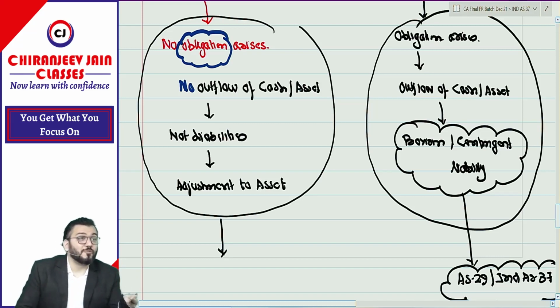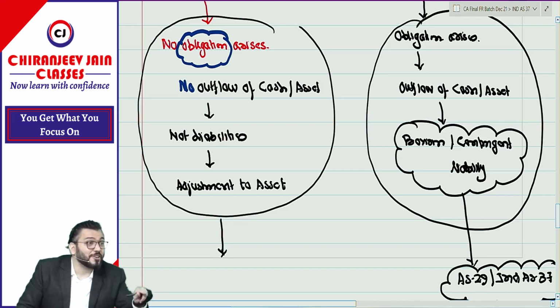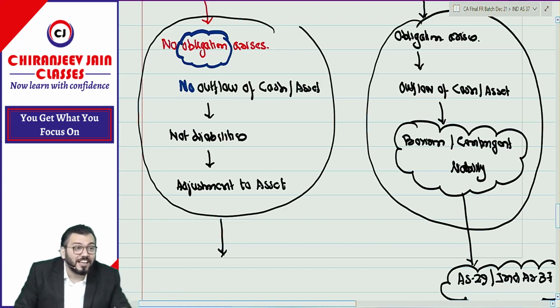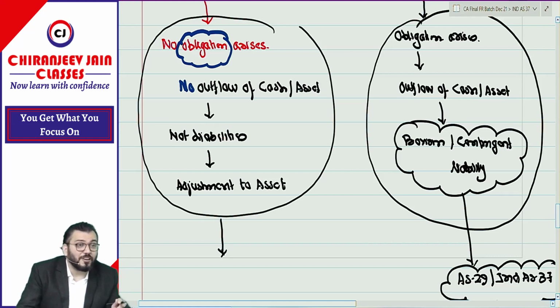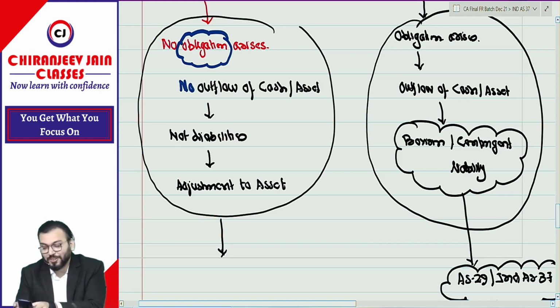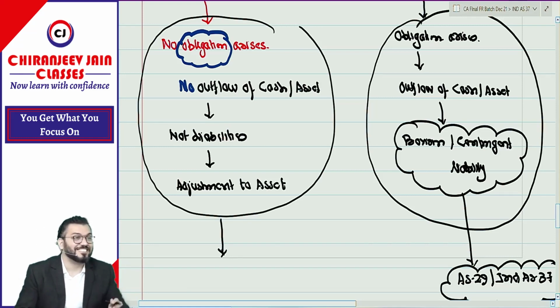Because provision is liability and provision for doubtful debt is not a liability. It means provision for doubtful debt is not a correct term. So if somebody asks you if provision for doubtful debt is a provision, what will you say? No, it is not a provision.